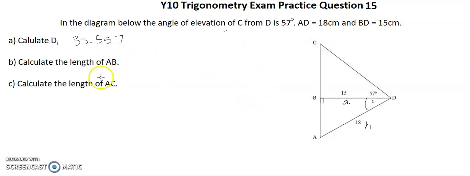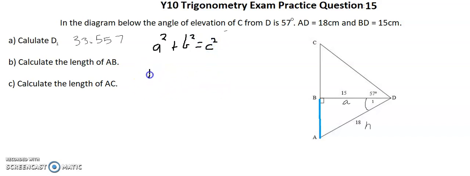Now the next part asks us to calculate the length of A to B. So this part right here that I'm putting in blue. To do that, we could use this angle, but because I had to round it up, I'm going to be a bit more accurate and use Pythagoras Theorem, which means A squared plus B squared is equal to C squared.